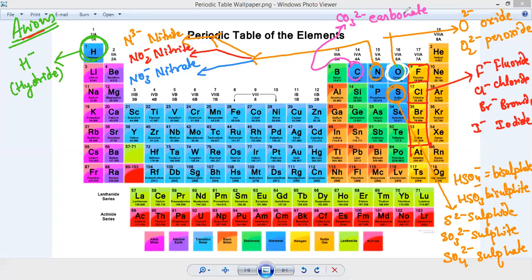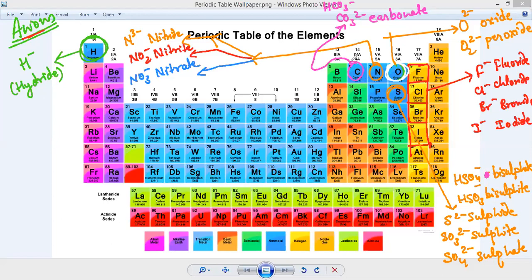Sir, can you explain the H2SO4 and HSO3 written here? Bisulfate is just a name, and this is the formula. Bisulfite is HSO3 minus, and bisulfate is HSO4 minus. Okay, sir. Thank you, sir.